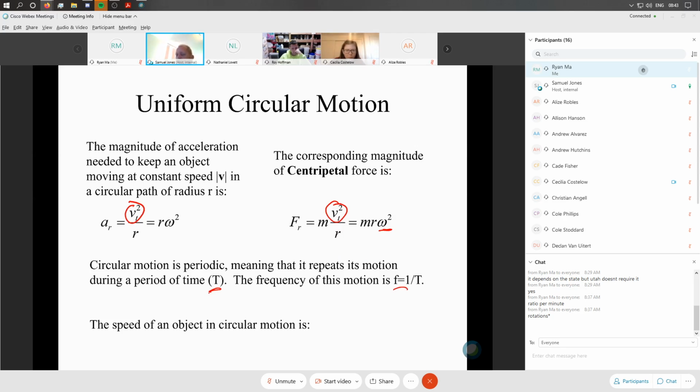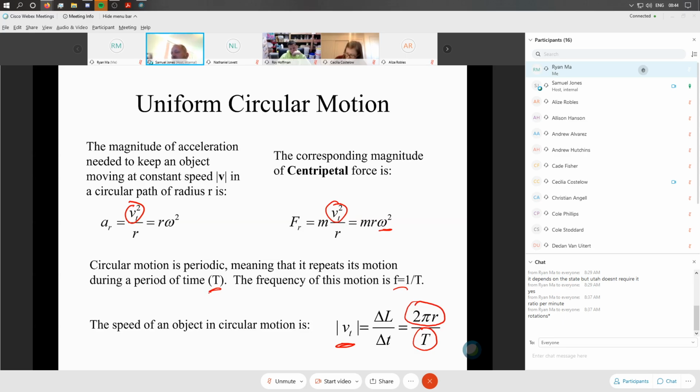We know the circumference of a circle is 2 pi r, and the tangential velocity is the distance it travels, that's the circumference, divided by the time it takes to make one complete circle, so tangential velocity is equal to 2 pi r over t.